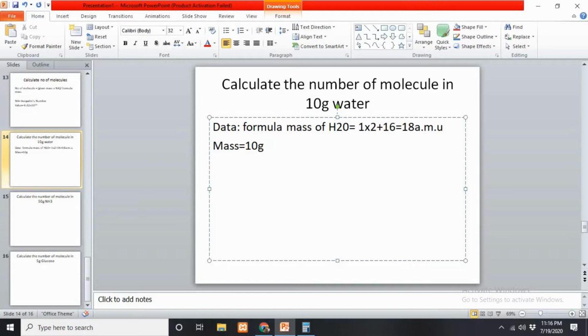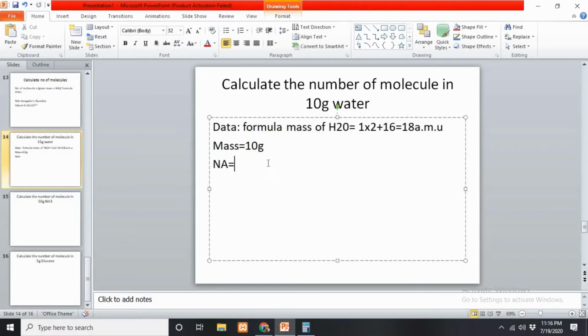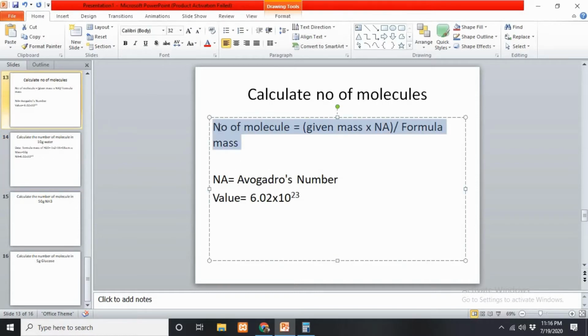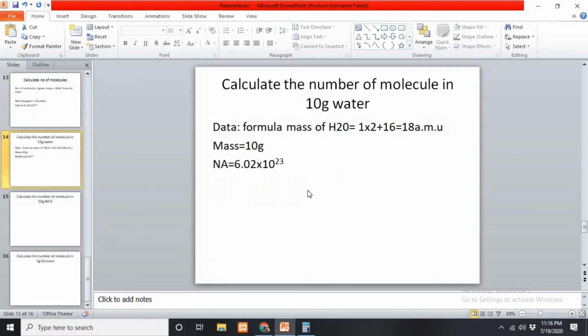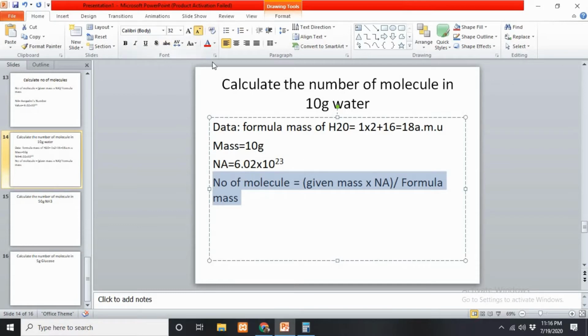The next thing that you have to write yourself is the Avogadro number, and the value of Avogadro number is 6.02 × 10^23. I will just copy and paste it over here. Now it is time for pasting the formula: number of molecules is equal to given mass multiplied by Na over formula mass. Just paste it over here, and the next thing is to substitute the values.